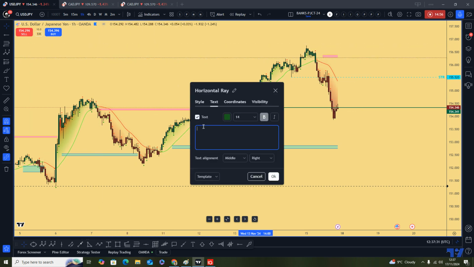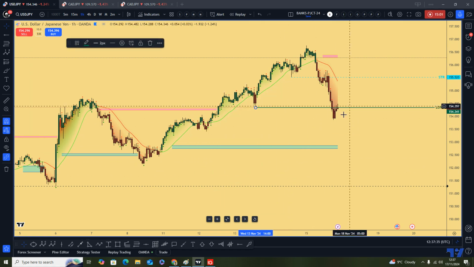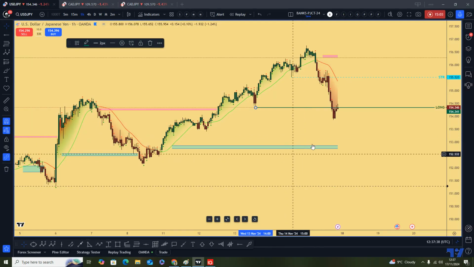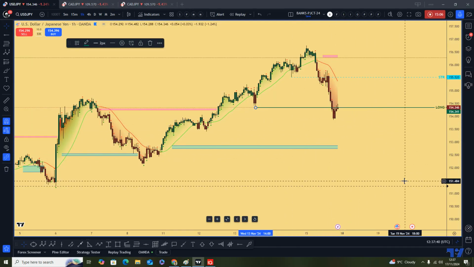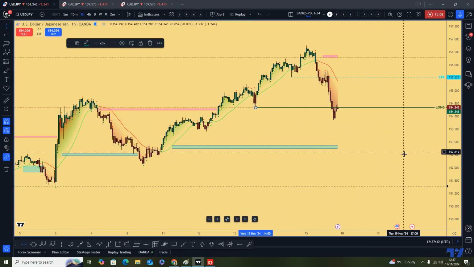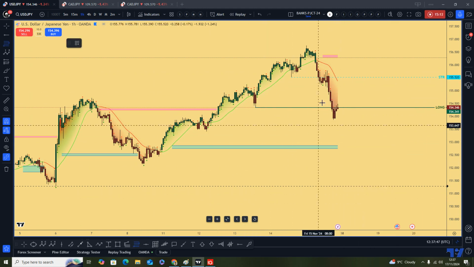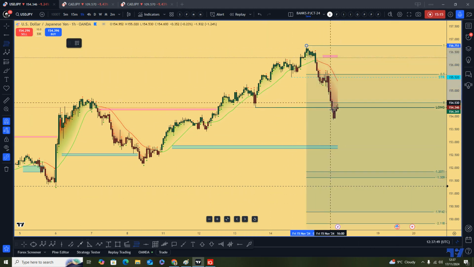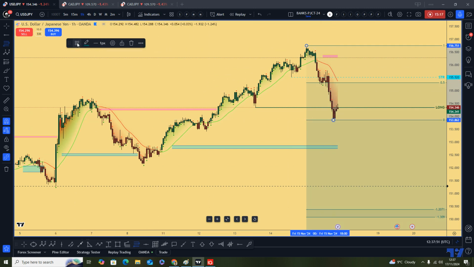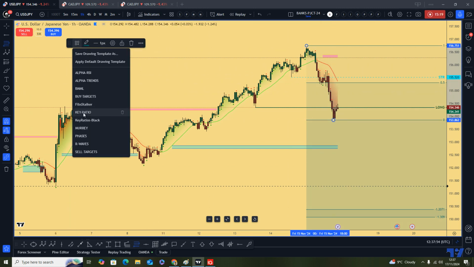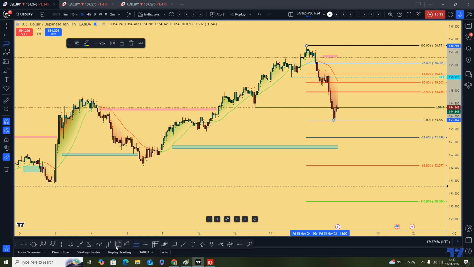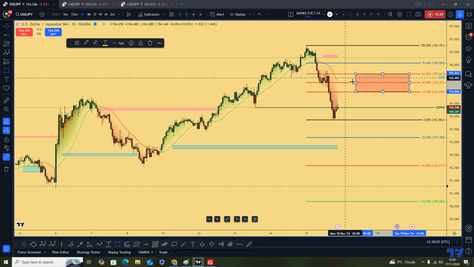Okay, if you take a long there, you have to use this low as a stop loss, because that low will be the beginning of a second wave decline. So the simple approach to this is to use the Fibonacci down key ratio, and we are looking to engage the market from this area here.